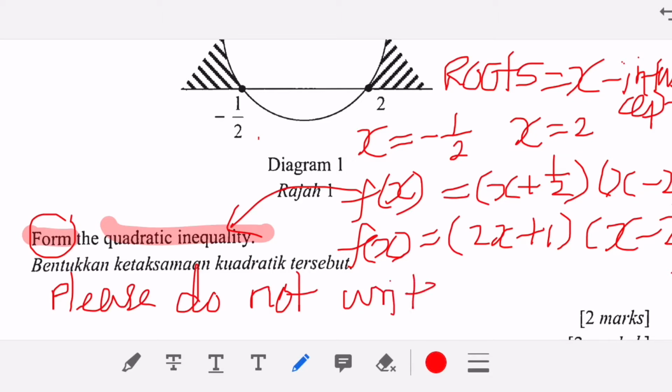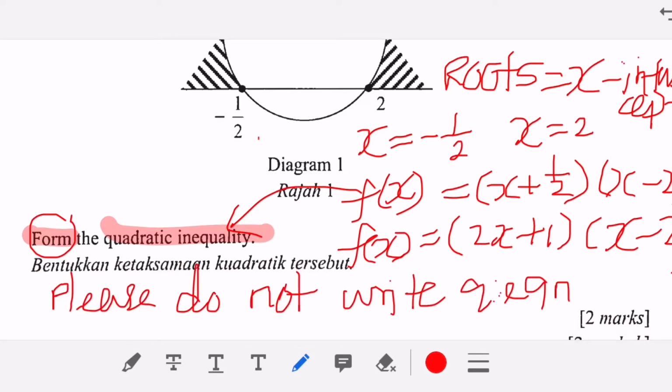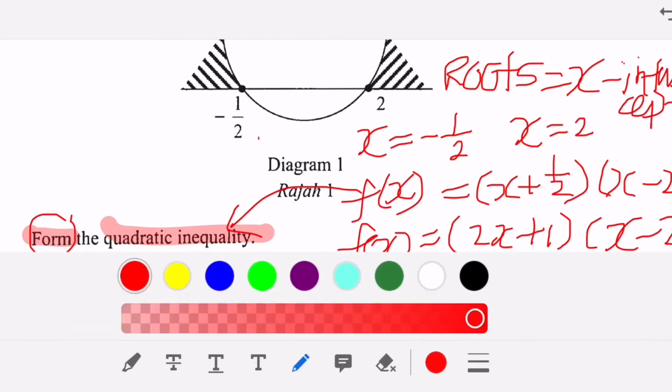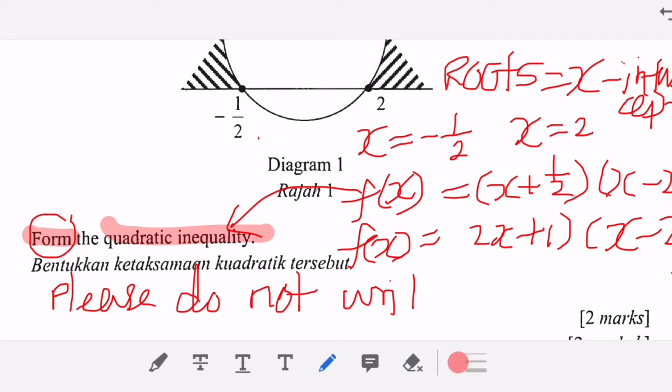So positive in maths is always using the symbol more than or equal to 0. So finally, for the quadratic inequality, you have to write (2x plus 1)(x minus 2) more than or equal to 0. Then you will get full marks.